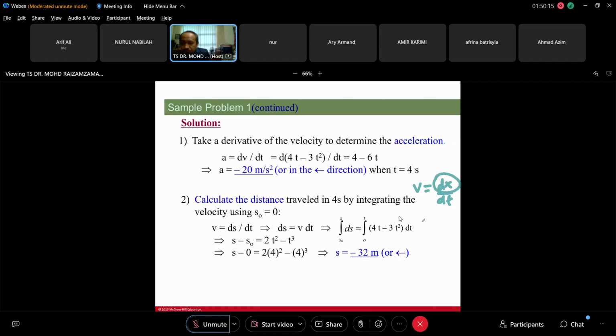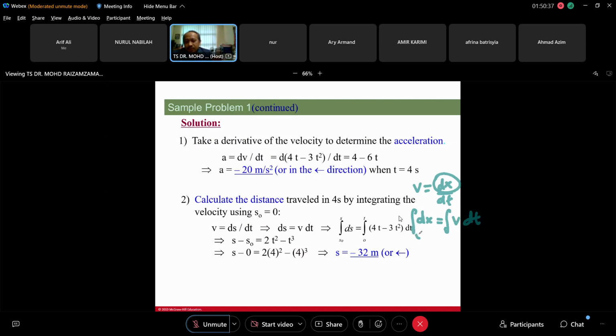So what you can do, you bring the dt over: dx is equal to v dt. Can I integrate both sides? Yes or no? Yes, because your v is a function of time, so with t and t, yes, you can integrate both sides.